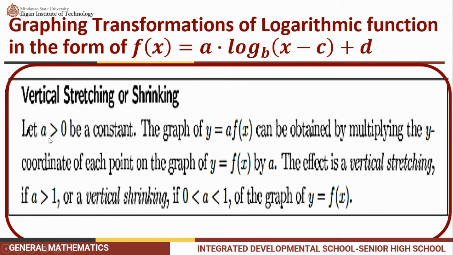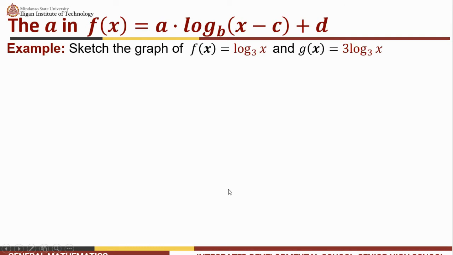We let a greater than 0 be a constant. So if this a here is greater than 1, then the effect is vertical stretching. If our a here is between 0 and 1, then we have vertical shrinking. Okay, so let's have an example.